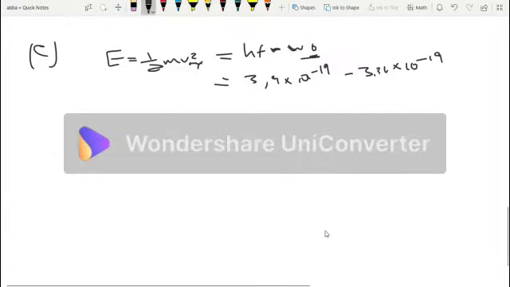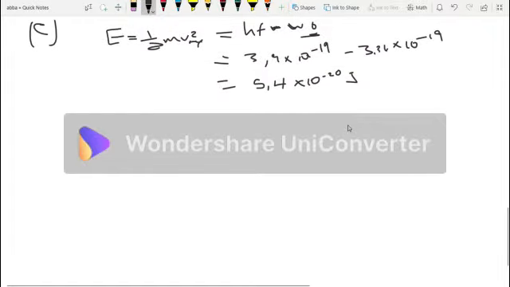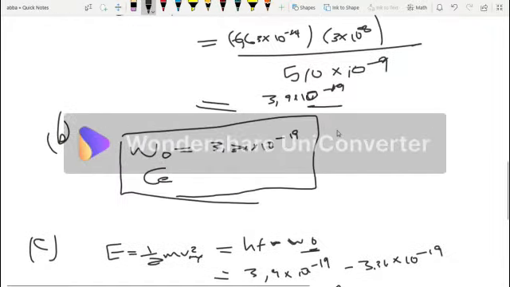This is equal to 5.4 times 10 to the negative 20 joules. Now that is the energy. That's how you can answer the questions.